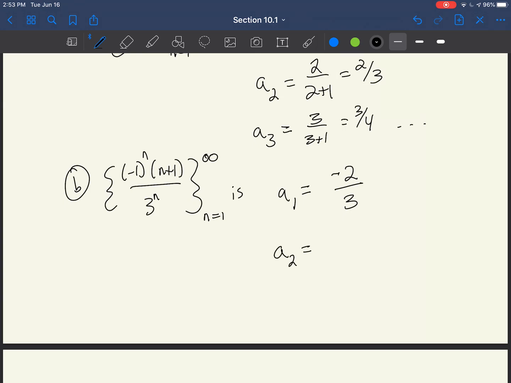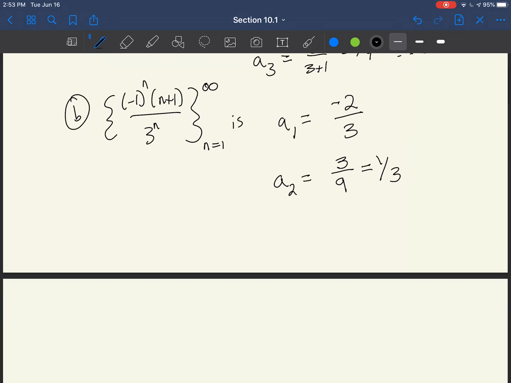A2 would be negative 1 squared, which is just positive 1, and then you have 3 divided by 3 squared, which is 9. So that would just be 1/3. And then one more, A3 would be negative 4 divided by 3 to the 4th.